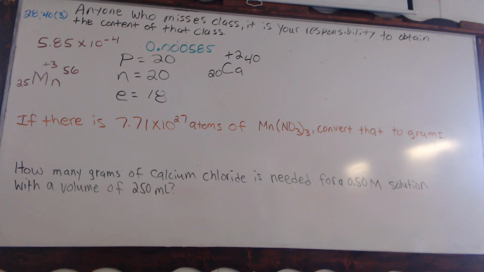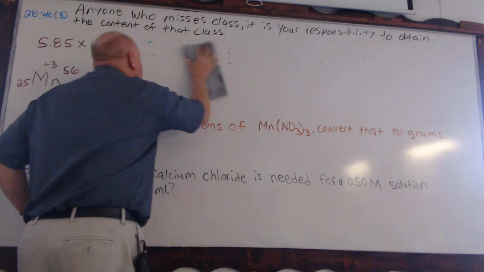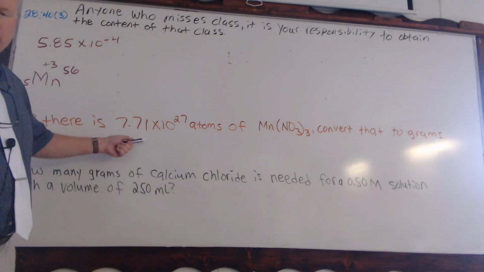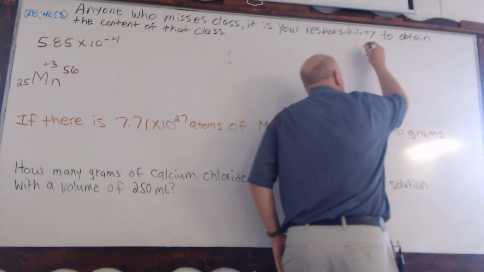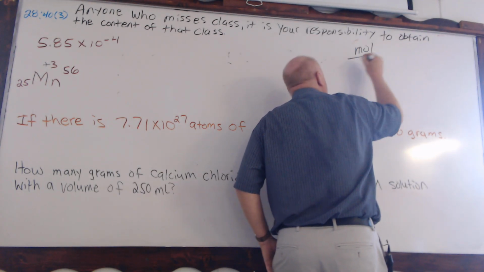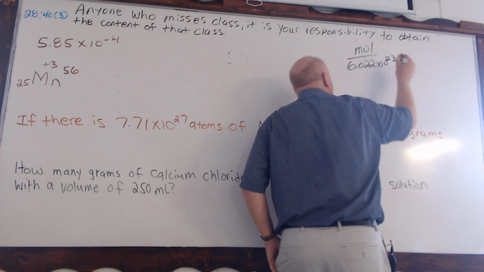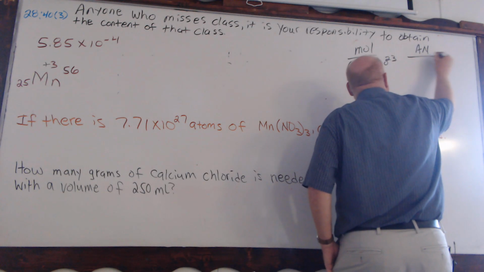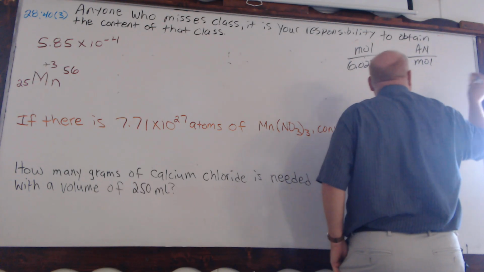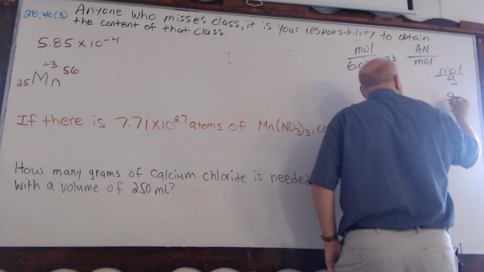Okay? So with that, since there's only one place to start, which is with this number, we're going to have a couple of conversion factors. It's either this, or it could be this, Avogadro's number over moles. It could be moles over grams, or grams over moles.